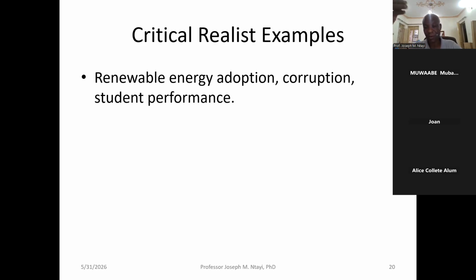So if you observe the economic characteristics, they are more or less the same. But you discover that despite these common characteristics, the renewable energy adoption rates differ substantially. In one community, this is what's happening. In another community, this is what's happening. So the adoption rates differ.